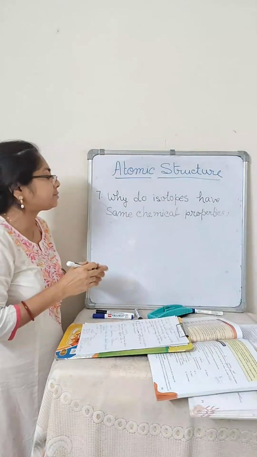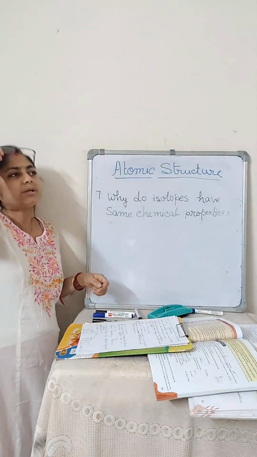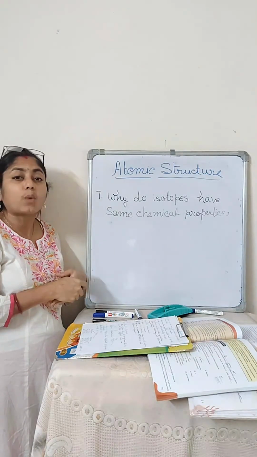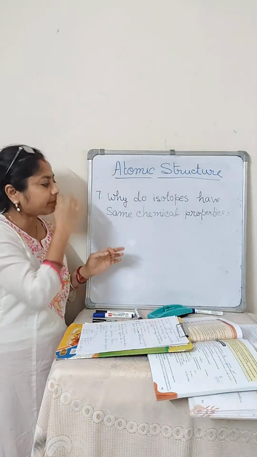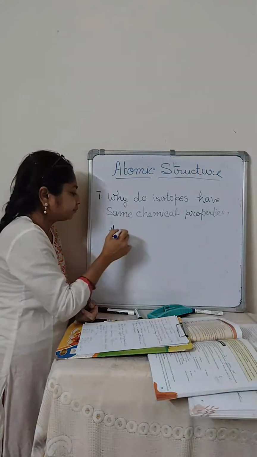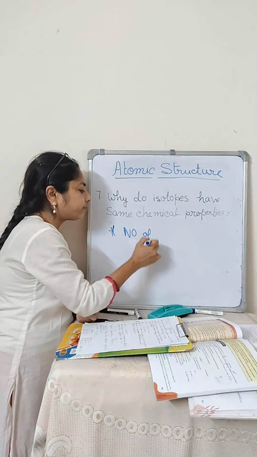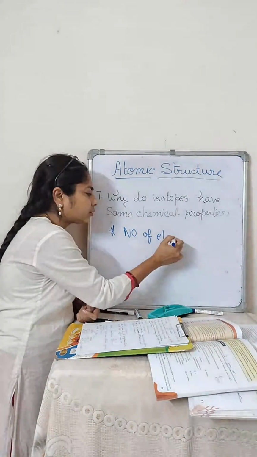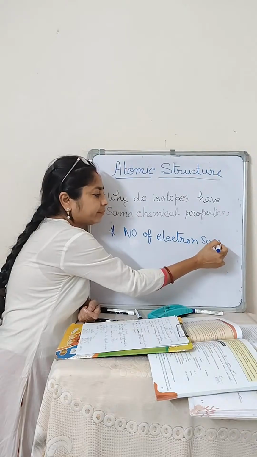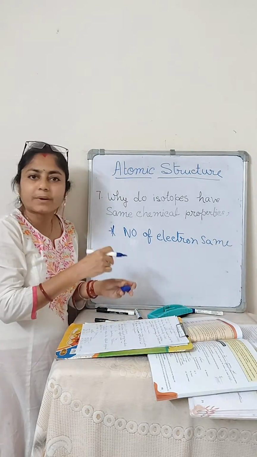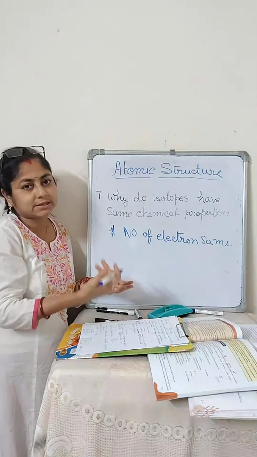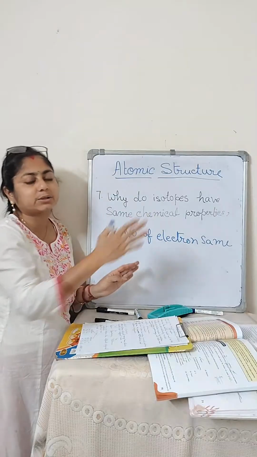Why do isotopes have the same chemical properties? We know properties are of two types, physical properties and chemical properties. Why are the chemical properties of all the isotopes the same? 2 points. Number 1, the number of electrons is the same. Why the same? The atomic number is the same, which means the protons are the same, and the number of protons and electrons are the same. So the electrons of all the isotopes are the same.